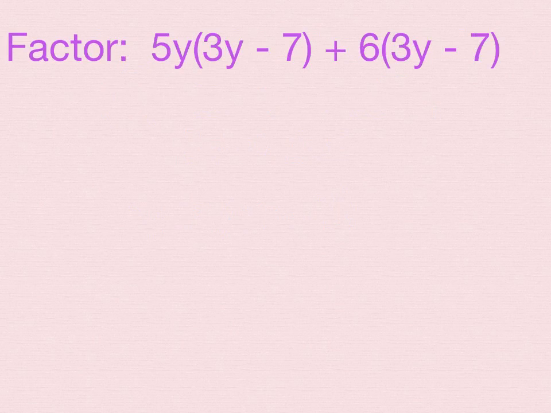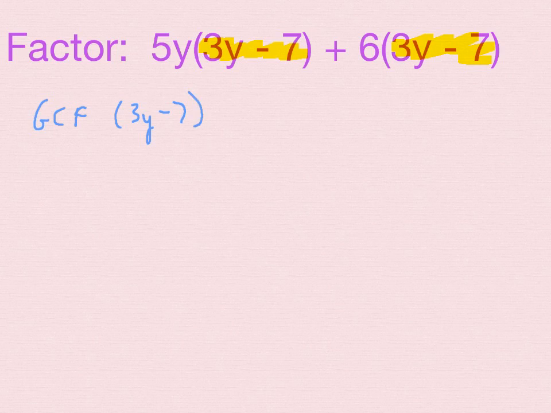Again, what I'm looking for is 5 and 6 don't share anything, but here and here. There's your GCF. So the GCF is 3y minus 7.